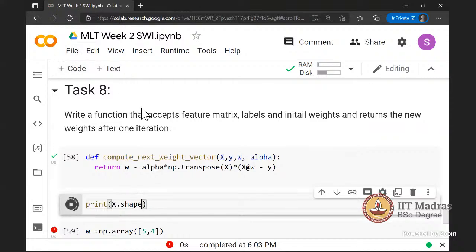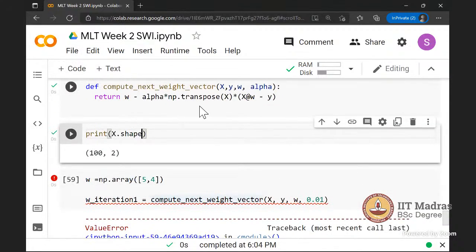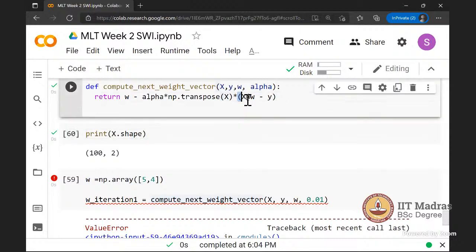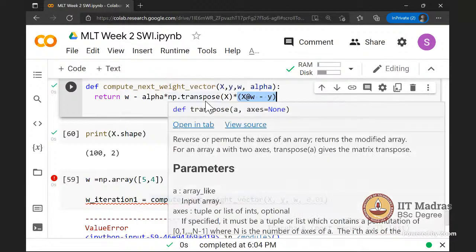So I think it's the transpose and the other one. Okay. This is Y. This is transpose. I think this should work, right? Yeah, it should work.